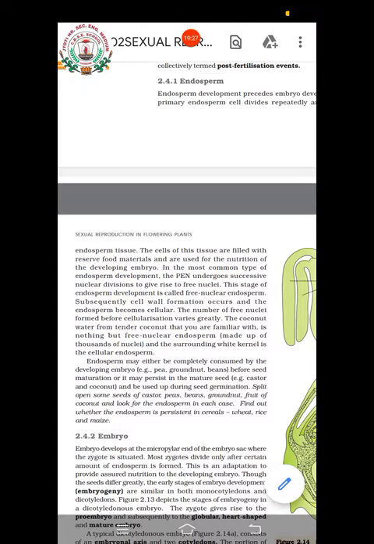Next question. In pea plants, yellow seeds are dominant to green.